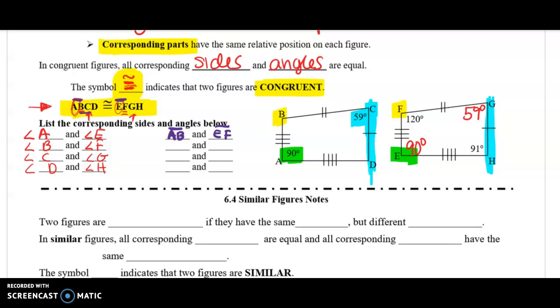BC and FG would be in that same position. And then CD and GH. And then the last one would be DA, which would be the same as HE.